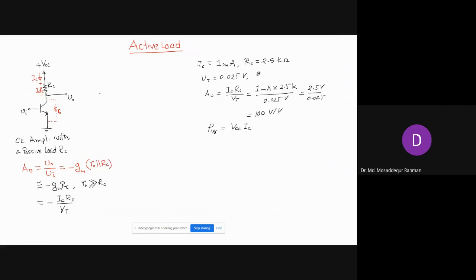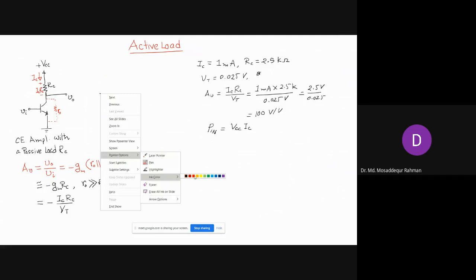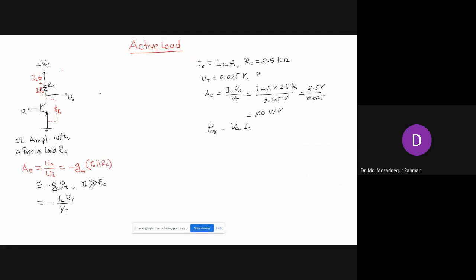Okay, now here what we have, no, that was for the other one. Okay, IC RC we have 2.5. So here VCE, right? We need a similar amount of voltage drop across VCE so that your signal can swing in both directions. You have 2.5.